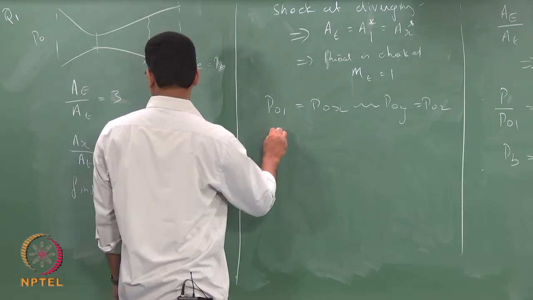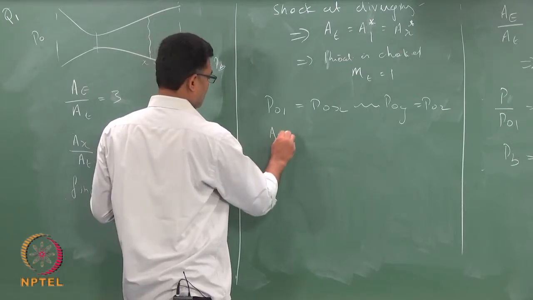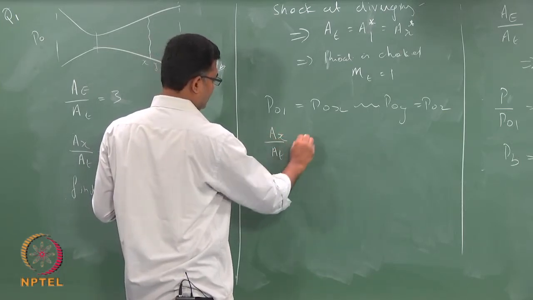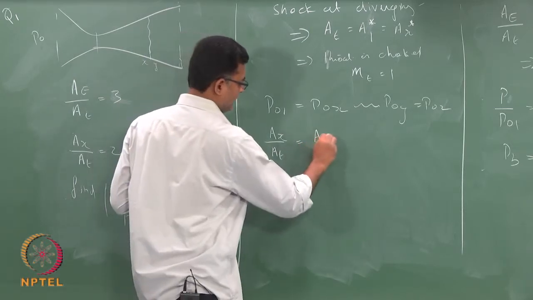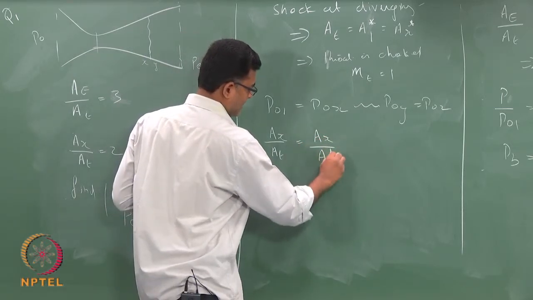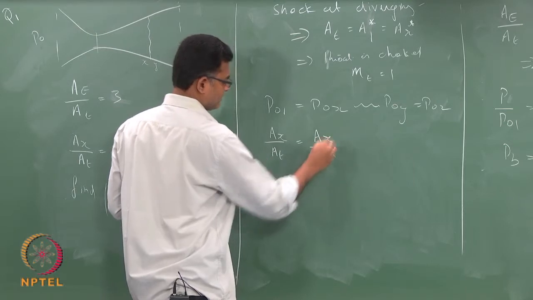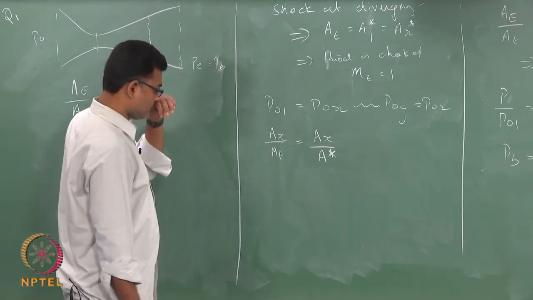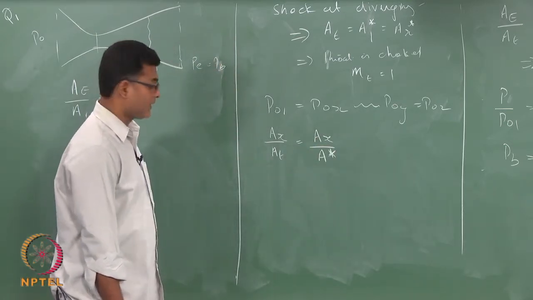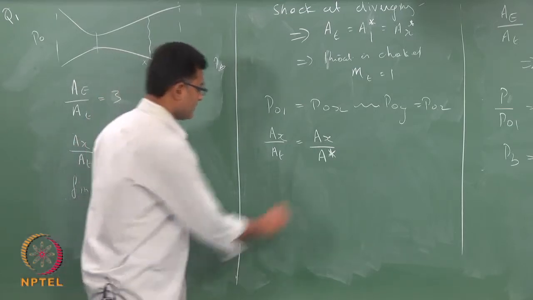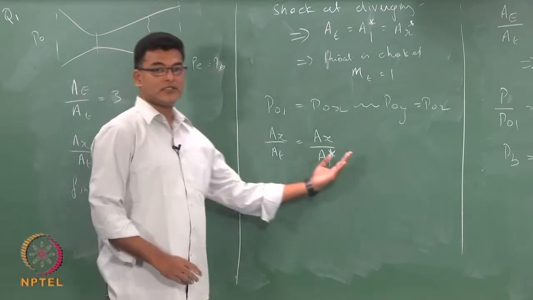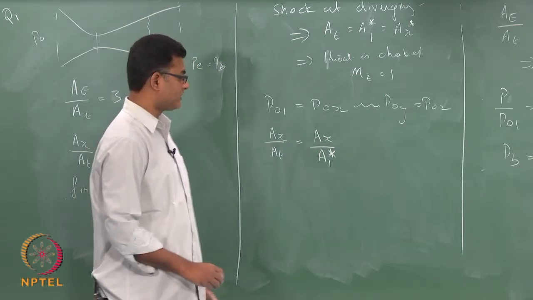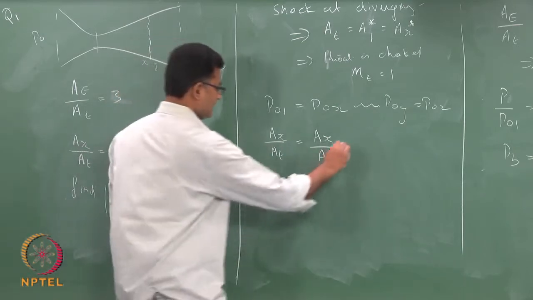Now you are given Ax by At, which is also Ax by A star. So, this is A star 1 because that is something that is happening before the shock. So, we call this as this. This is 2.